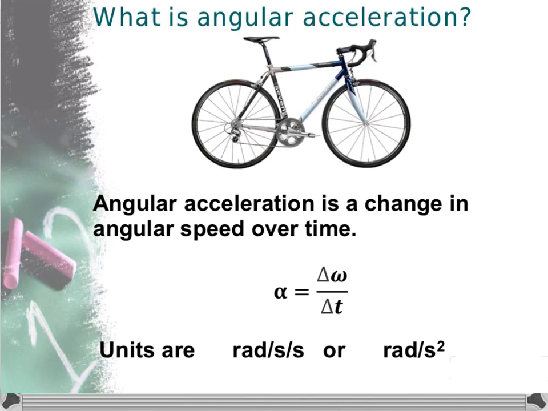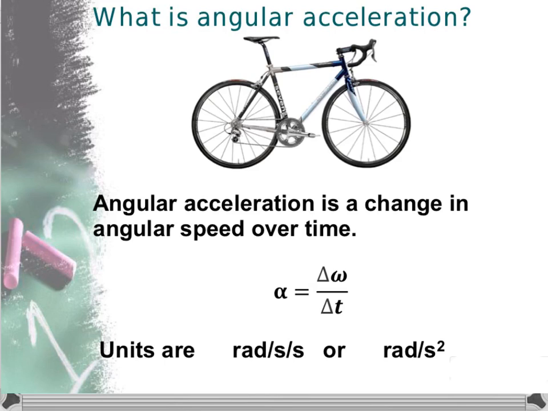That process of changing the angular speed of the tire over time is what's called angular acceleration. It can be either spinning faster over time or spinning slower over time. Either of those is angular acceleration.